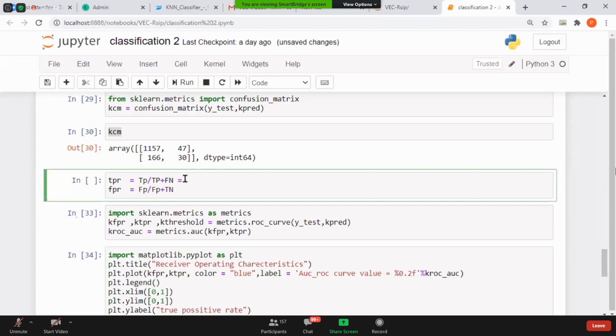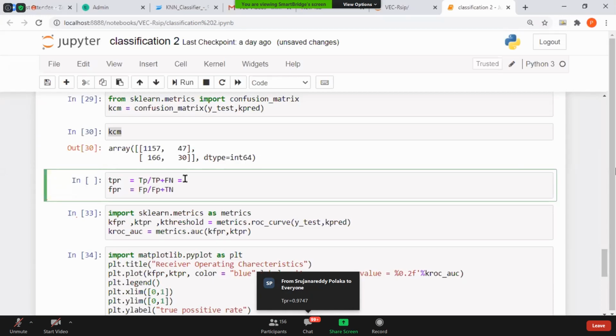You don't want to calculate this? 1157 divided by 1157 plus 47.